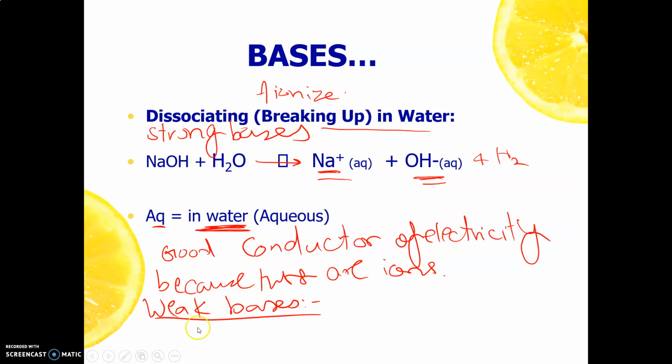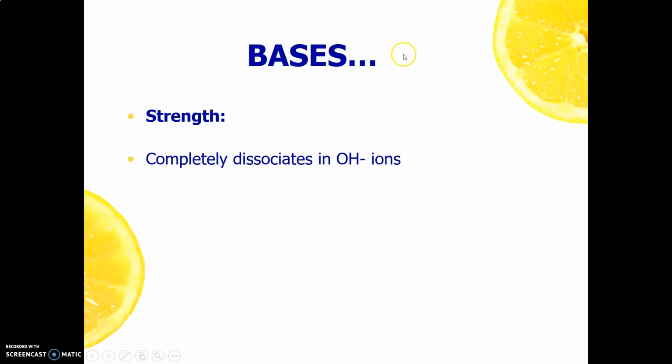So do you think weak bases are good conductors? No, they are not good conductors because they do not completely break up in water. So strong bases completely dissociate into OH ions.